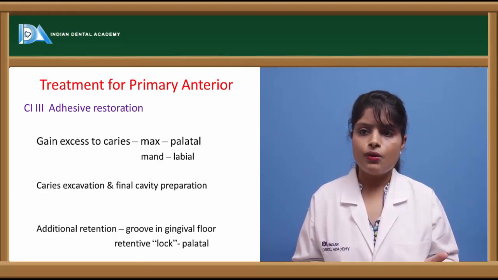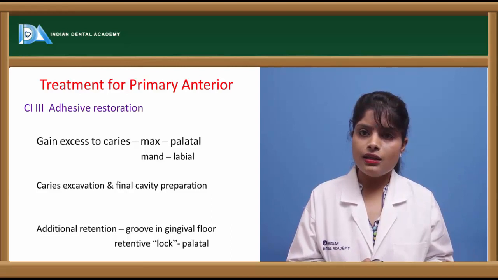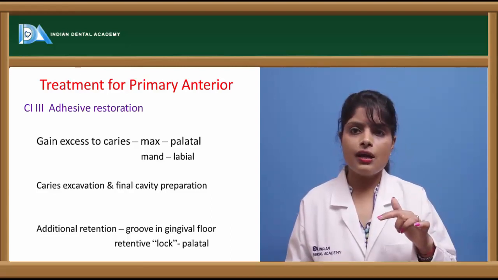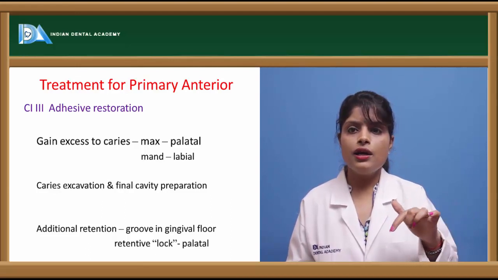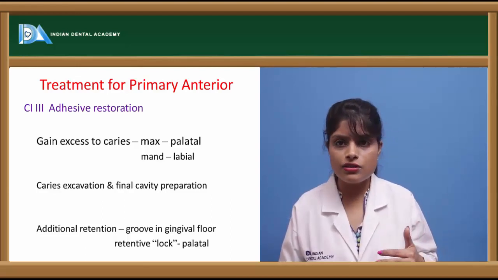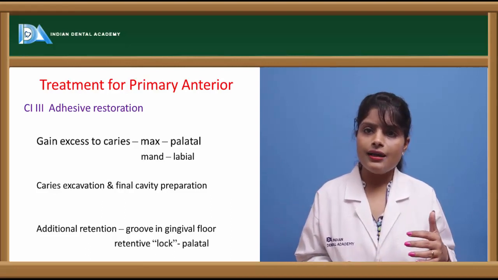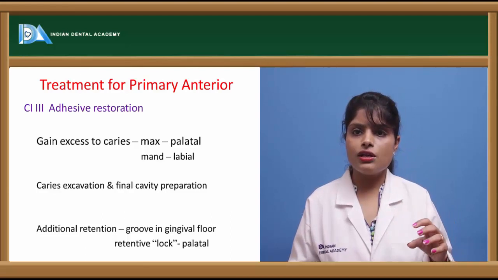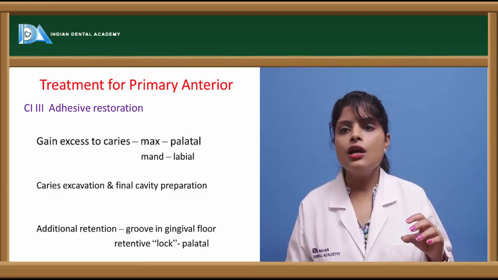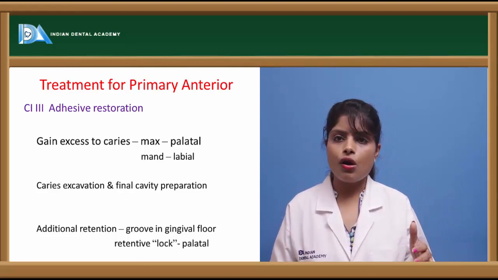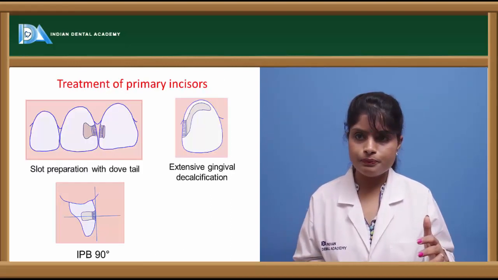So the caries excavation is done, then a proper dovetail in the shape of a U is prepared on the labial or the lingual or the palatal surfaces of the teeth, and additional retention is provided by the gingival or the lingual locks in this dovetail.